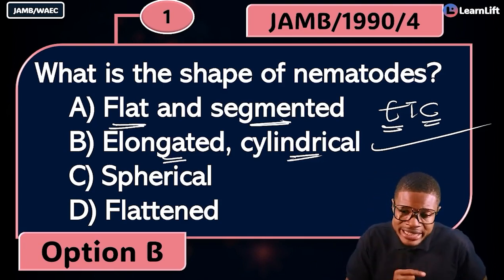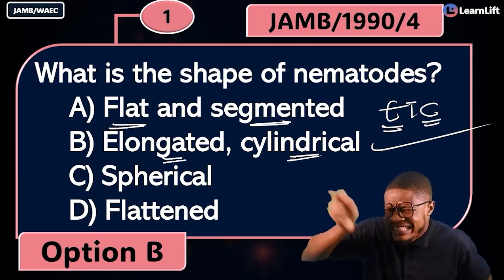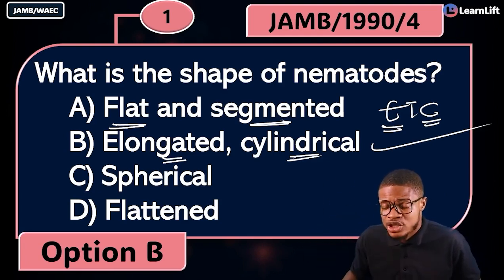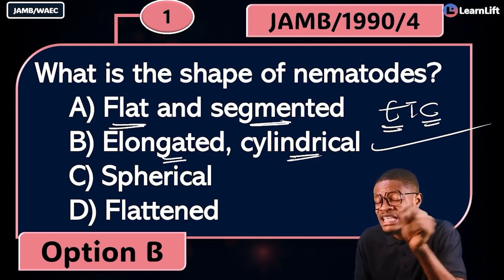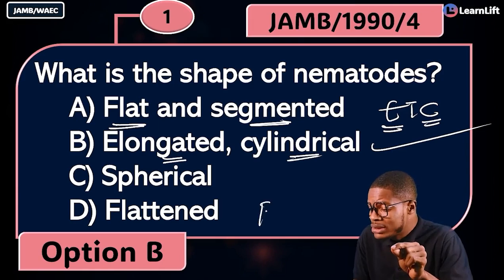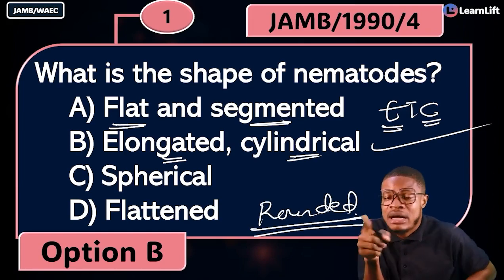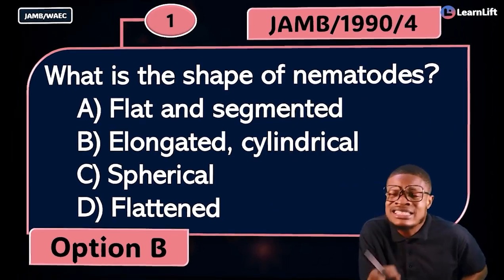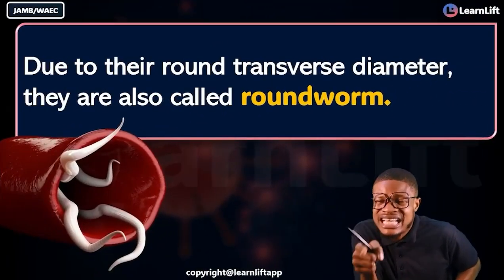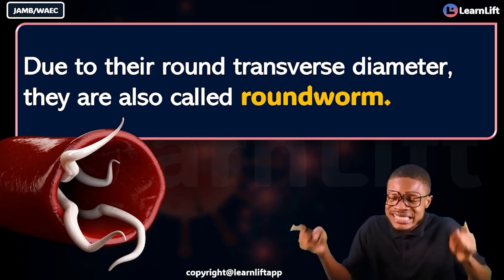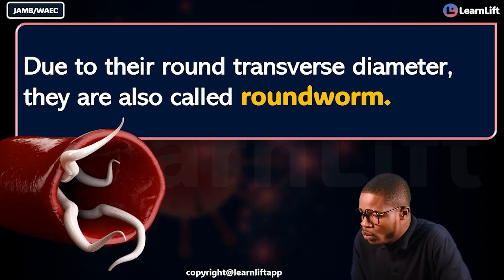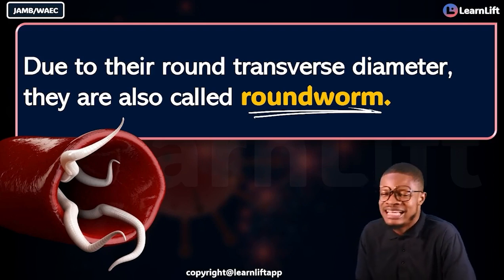For the last time, what are nematodes? Nematodes are elongated, rounded in their transverse diameter or section. Now, hold on. What happened to their transverse diameter or section? They are rounded. Because they are round in their transverse diameter or section, we call them roundworms.